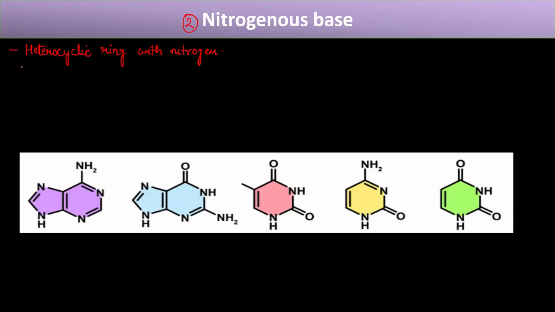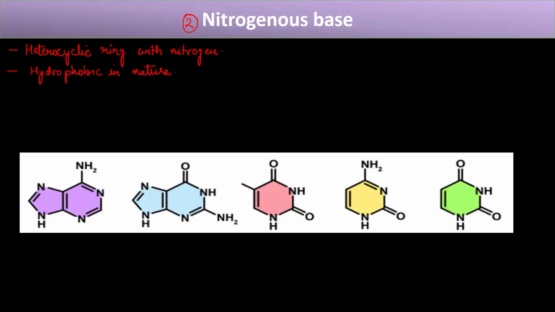Okay. Now, if we talk about the nature of this nitrogenous base, these are hydrophobic in nature. Just like in the case of lipids, we saw that the tail portion is hydrophobic in nature. Similarly, these nitrogenous bases are hydrophobic in nature.